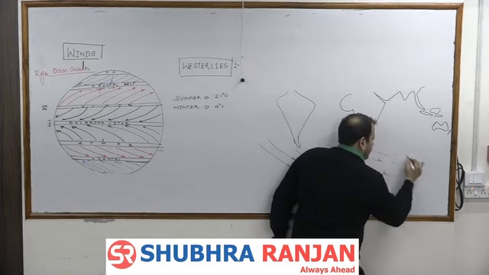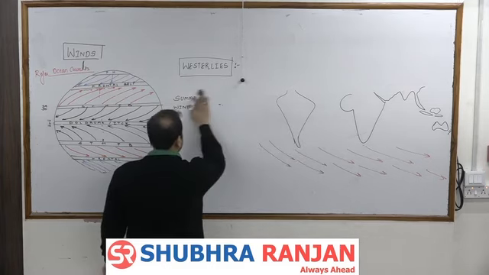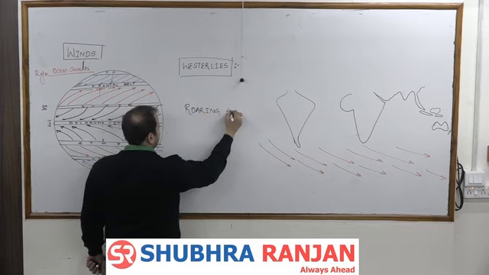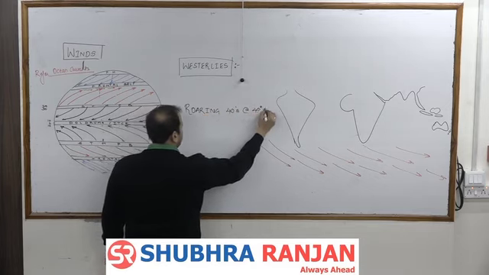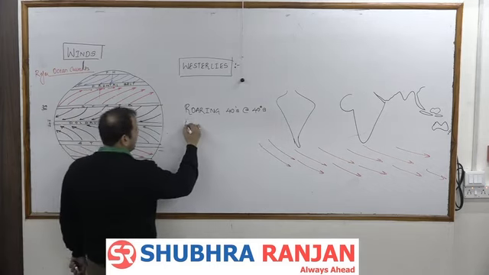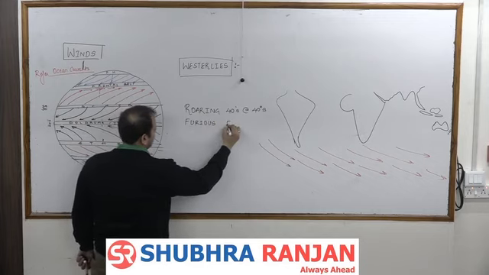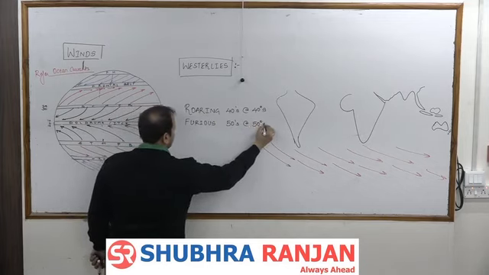And they are known by different names, such as the Roaring 40s at 40 degree south latitude, not north, only south. Furious 50s at 50 degree south latitude.